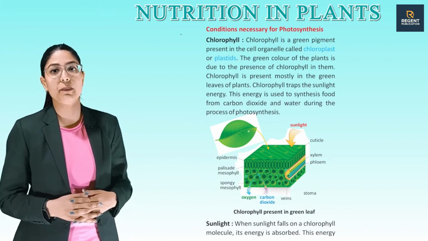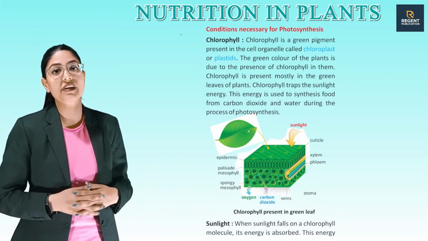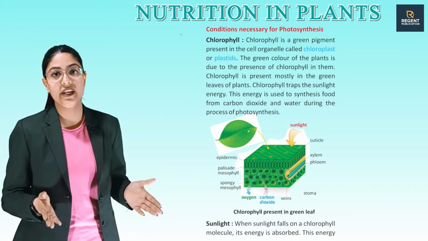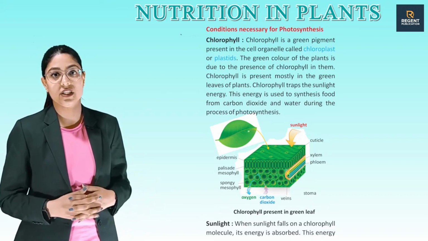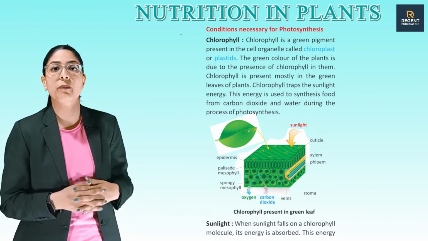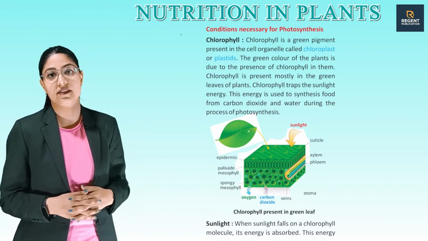The green color of the plant is due to the presence of chlorophyll in them. Chlorophyll is present mostly in the green leaves of plants. Chlorophyll traps the sunlight energy. The energy is used to synthesize food from carbon dioxide and water during the process of photosynthesis.